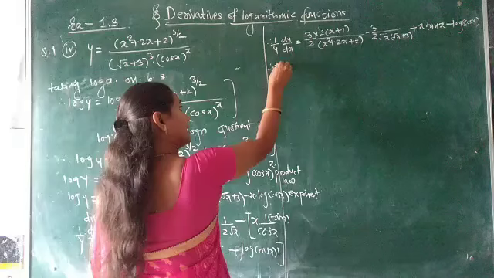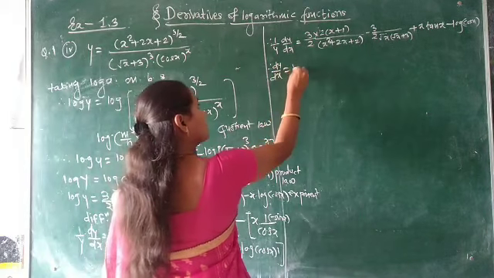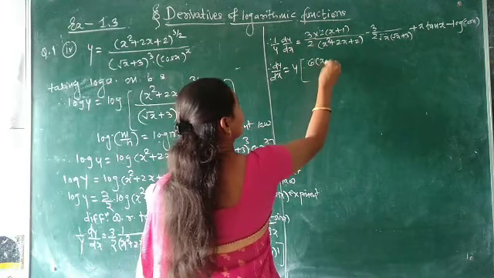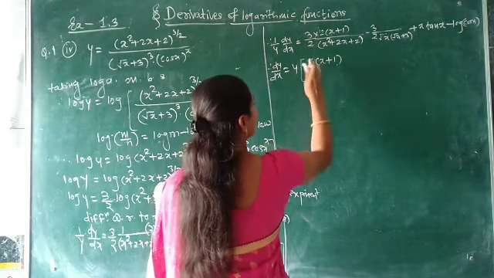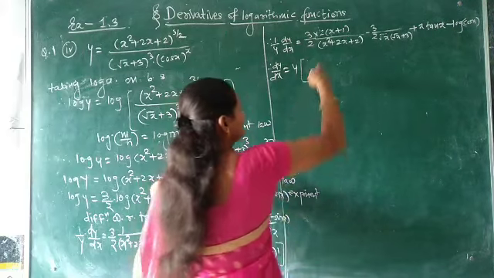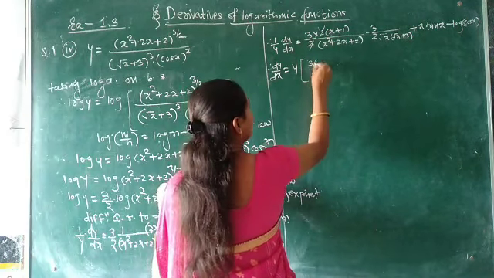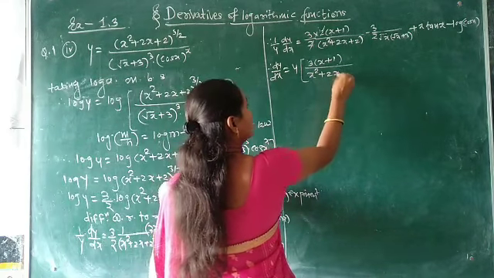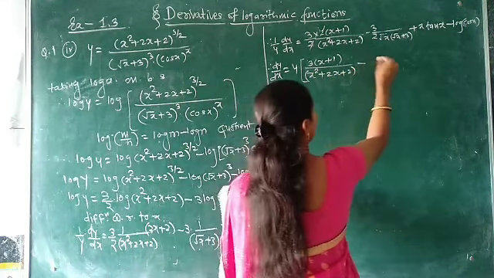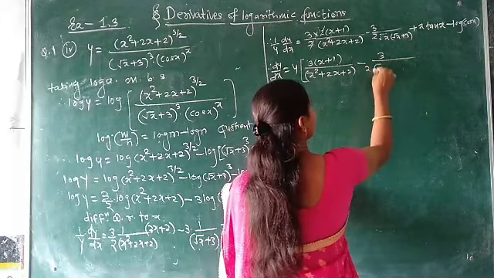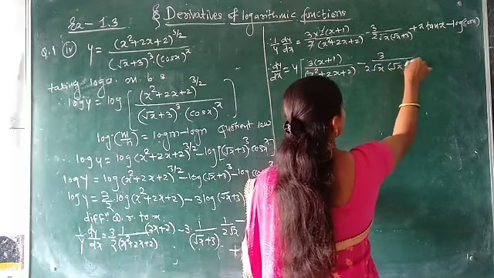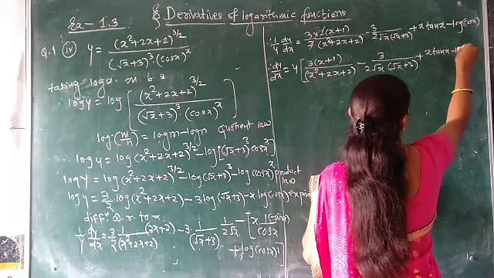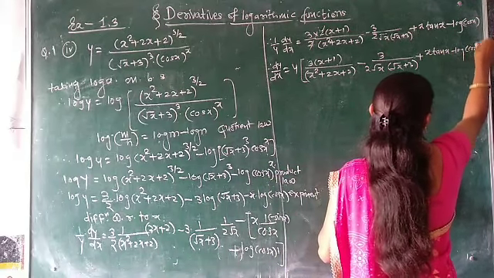But we have to find dy upon dx, so this 1 upon y we write on the other side. 3 into 2 is 6 into (x plus 1), now this 2 will cancel. So 3 into (x plus 1) upon x square plus 2x plus 2, minus 3 upon 2 root x into (root x plus 3), plus x tan x minus log of cos x.